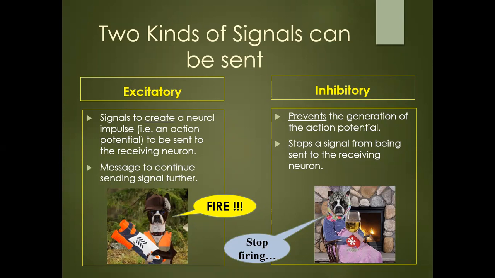An excitatory signal, again, means to continue. So if we send this signal, what the signal is sending is saying fire, continue firing, continue sending. Keep sending because we haven't finished our task yet.